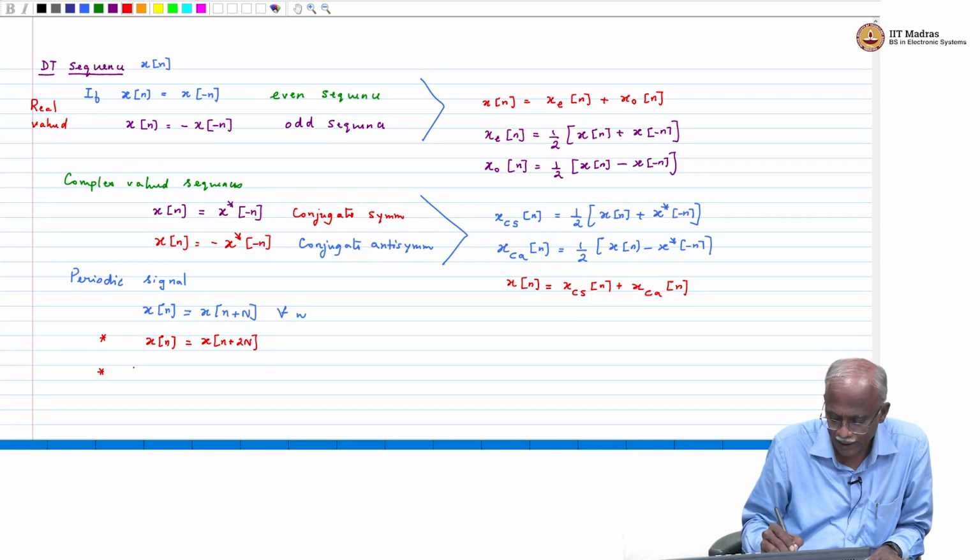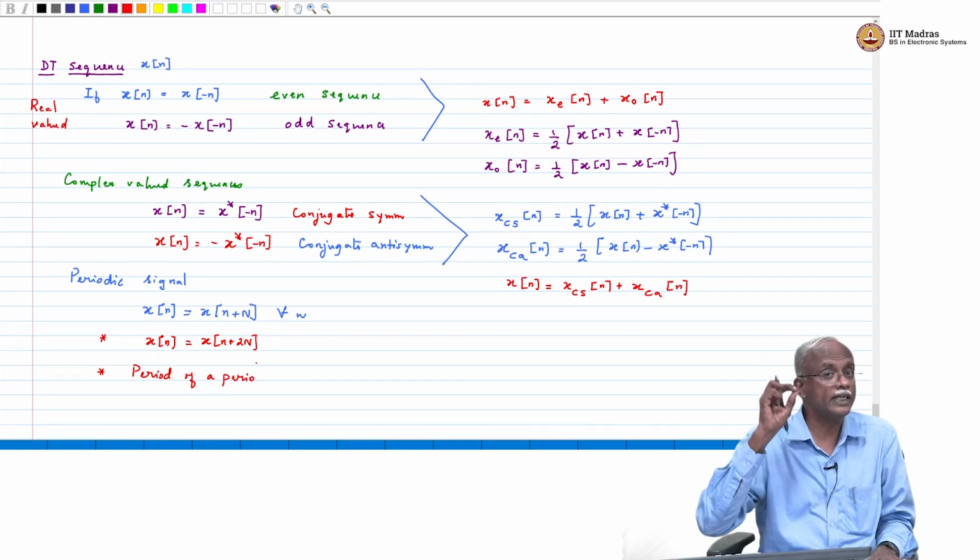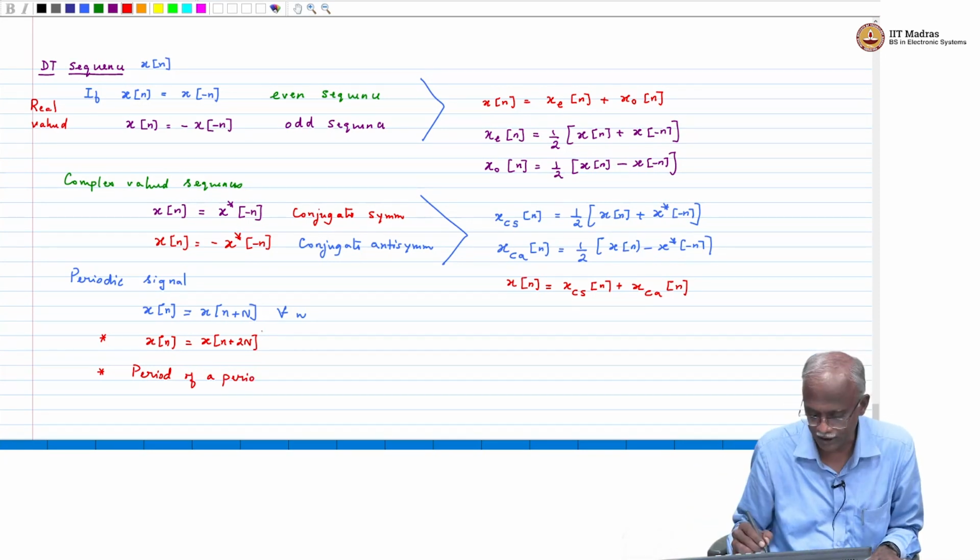So the period of a periodic sequence is the smallest integer value that satisfies the relationship given by equation 1.